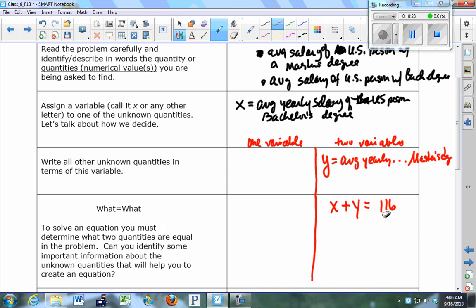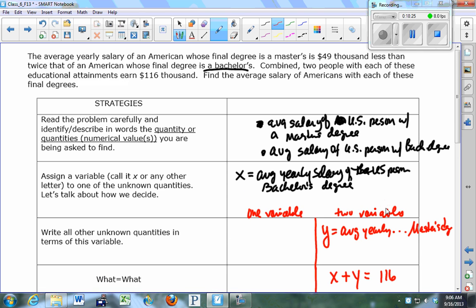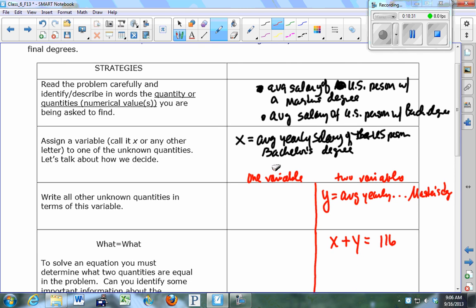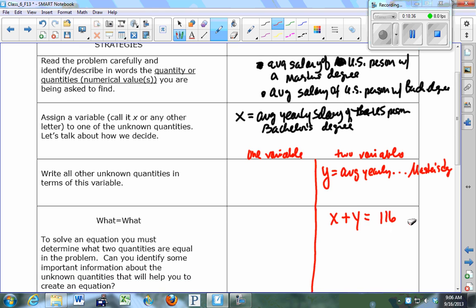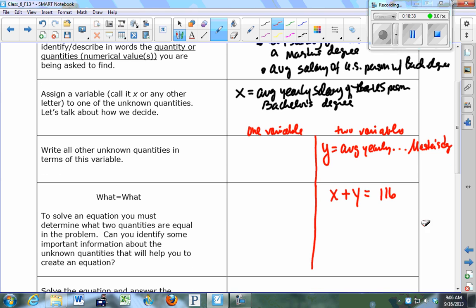I need other information. Okay, the other information is this relationship right here between the two degrees. And that's what helps you figure out how to establish this other variable. We can't solve that equation without some more information. Okay, so we're still stuck.